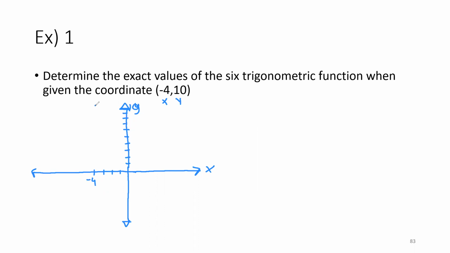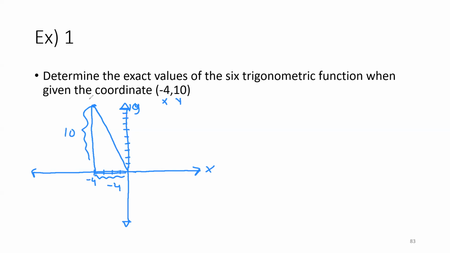Plot it, and then draw a little line from the origin. This creates a right triangle. Your horizontal distance right here is -4. Your vertical distance is here, which is 10.